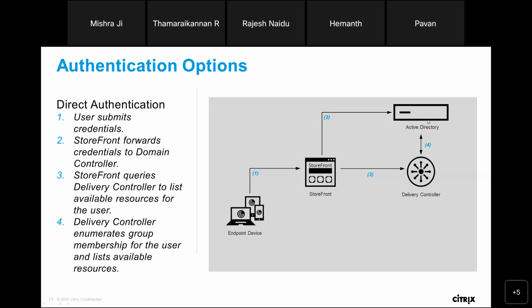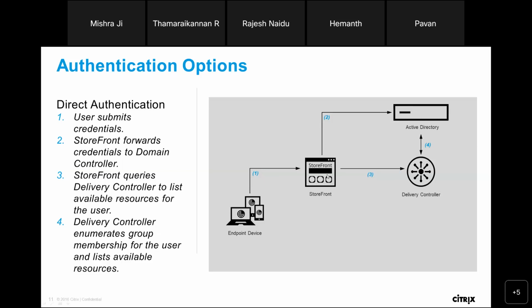Then the delivery controller again talks to Active Directory to check the group membership of the user and what resources are available for the user. So this is called direct authentication.